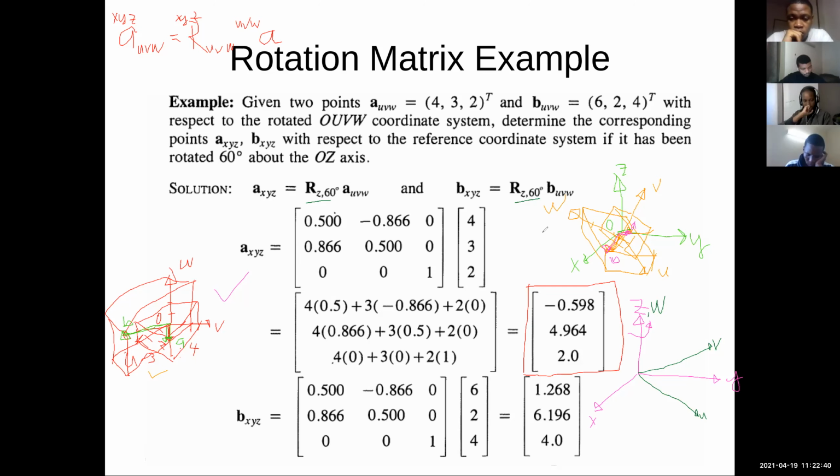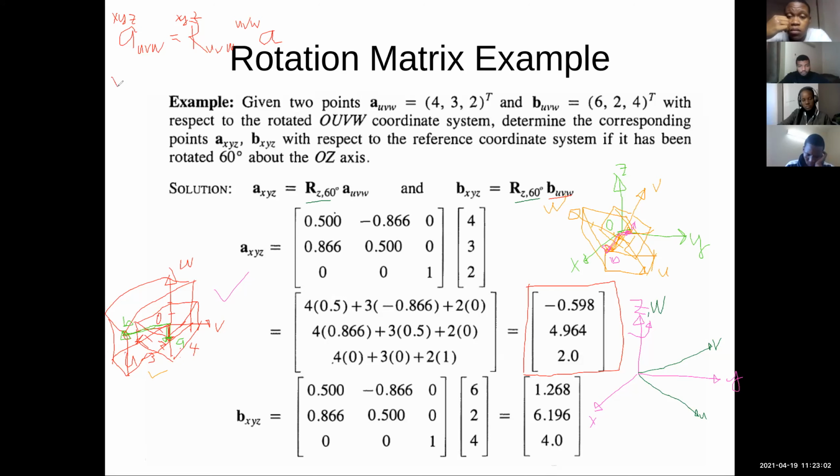Okay, so next, it is the same vector B, and the U, V, and W axis, which is this vector here. Now we are going to multiply with the rotation matrix in order to express it with respect to the X, Y, and Z frame.